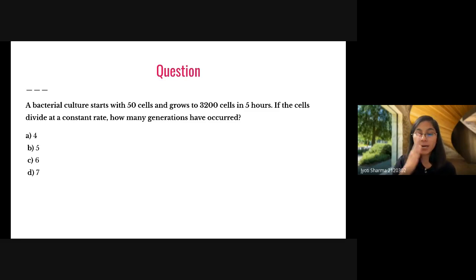So 50 to 100, 100 to 200, 200 to 400, 400 to 800, 800 to 1600, 1600 to 3200. And you just have to tell me how many generations we have.